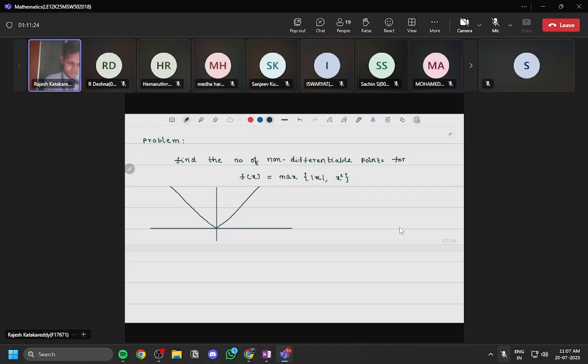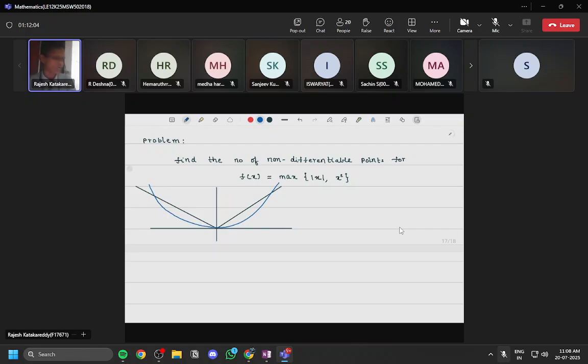So this is graph of mod x, and then this is graph of x square, upward parabola. One moment. It's not coming properly. Clear?